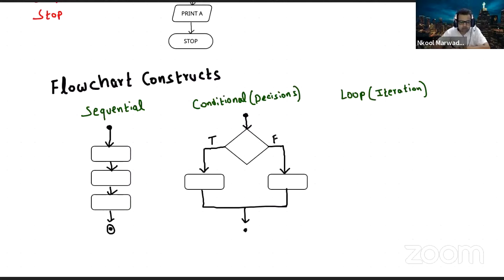How the loop works is interesting to see, and it's very important to know how to draw the loop in a flow chart. What is the concept behind that? Here the idea is simple.